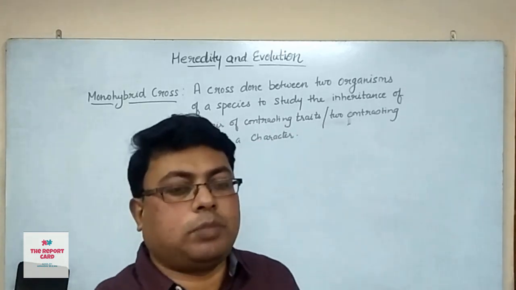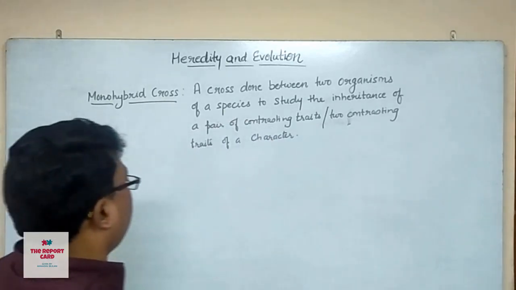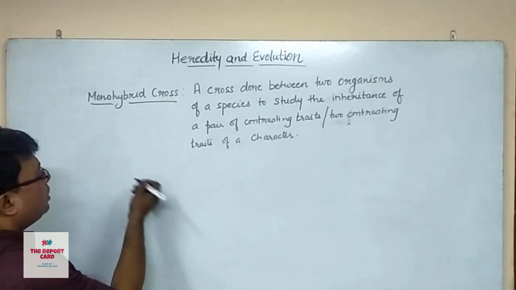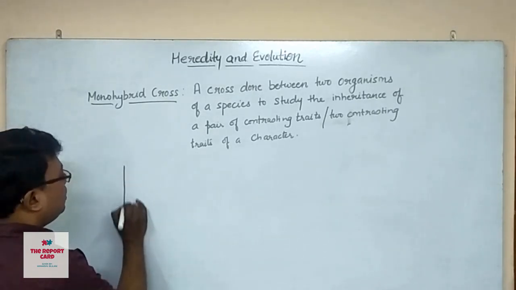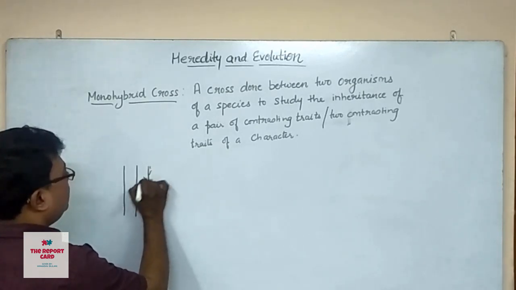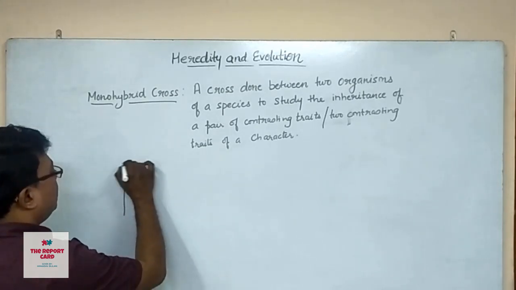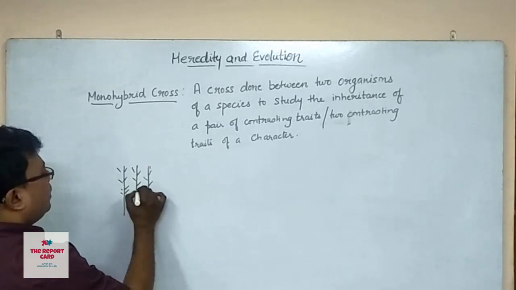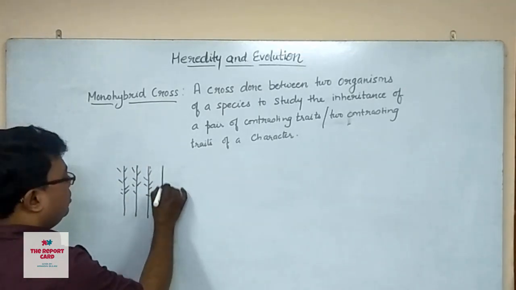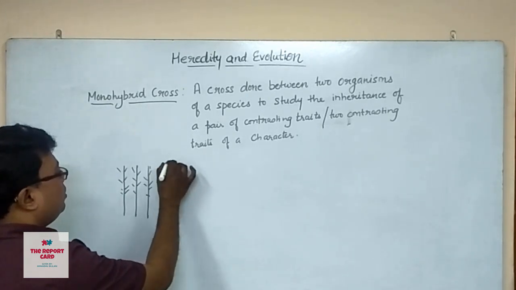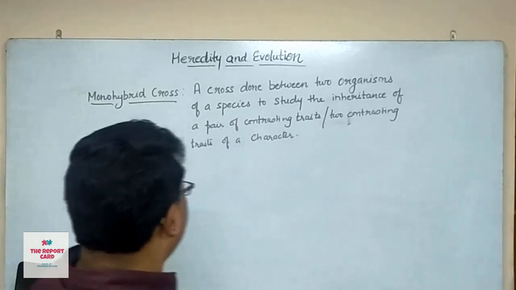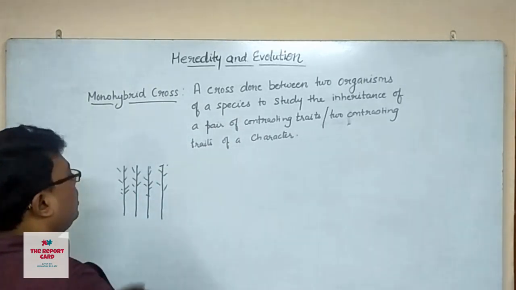I'll tell you. Initially he took some tall pea plants. I'm just going to draw them like this. He did self pollination of these pea plants, and he crossed these plants with each other, only the tall plants.